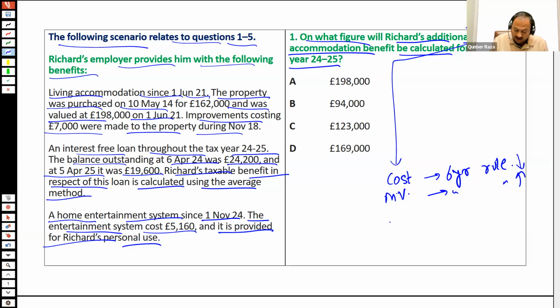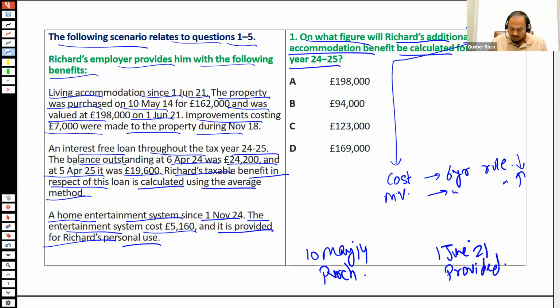Now, if I look over here, the property was purchased on 1st May 2014, which is the purchase date, and provided to the employee on 1st June 2021. This is the date when it is provided to the employee, i.e. Richard.